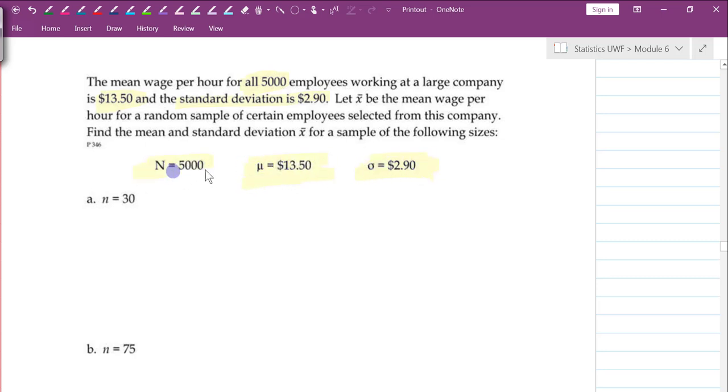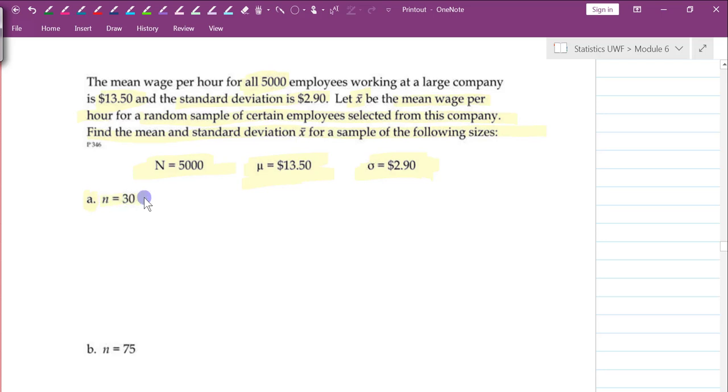It says let X bar be the mean wage per hour for a random sample of certain employees selected from the company. Find the mean and the standard deviation of X bar for the following sample sizes. So case number 1, n is equal to 30. The first thing it says is, what is the mean?